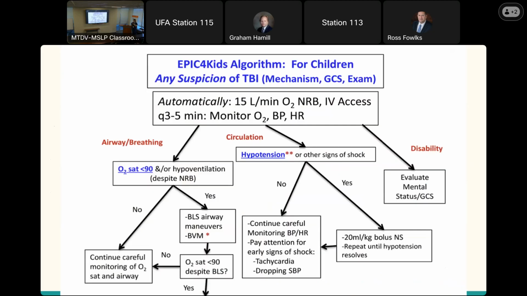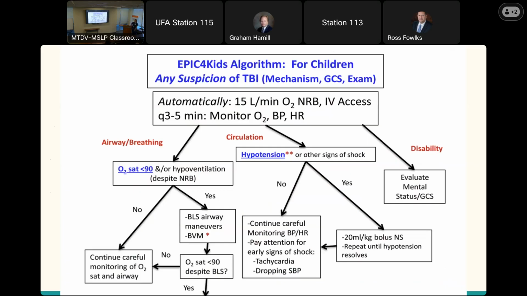Assessing, starting with the airway, the goal is to maintain O2 sat greater than 90%, especially in TBI patients, and then seeing if you have been able to achieve normal saturation levels with different maneuvers, or if you're going down the pathway of intubation.